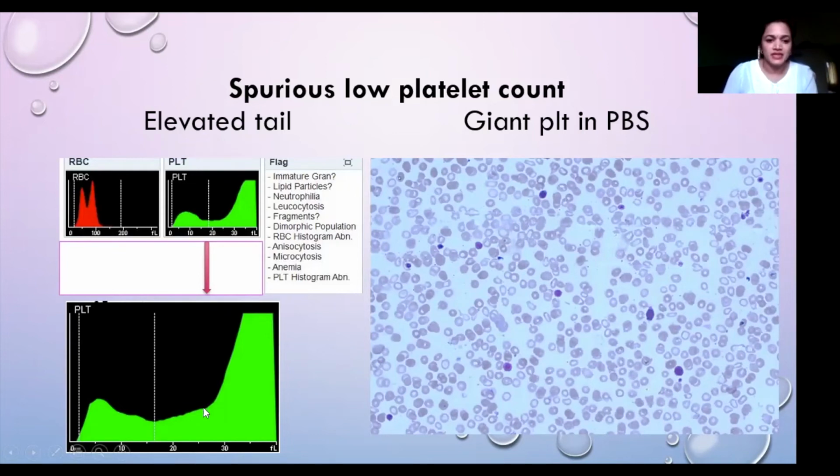Here the tail starts within 30 femtoliters and goes high up. This was the indication given by the histogram that there could be giant platelets, and that warranted a peripheral smear examination.